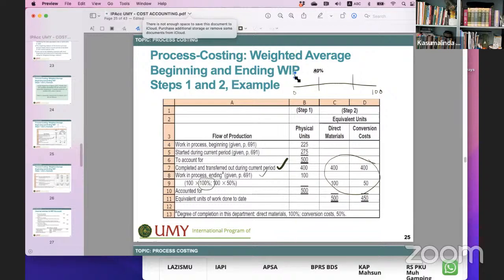If I draw the line here, this is direct material. Direct material is added here. Can you see my drawing here?